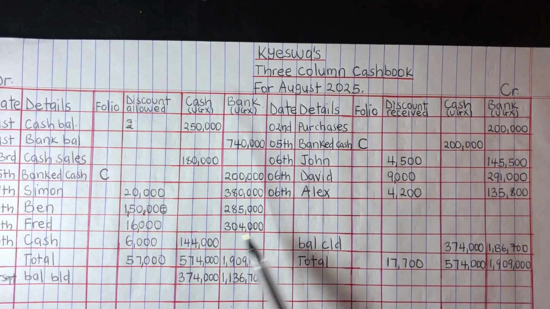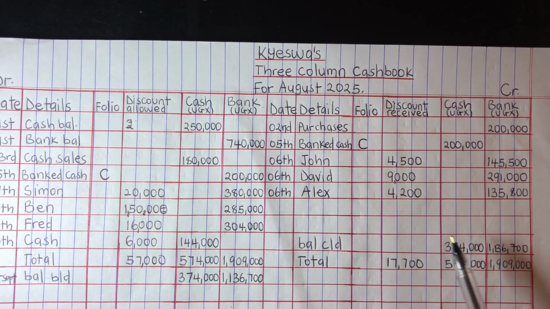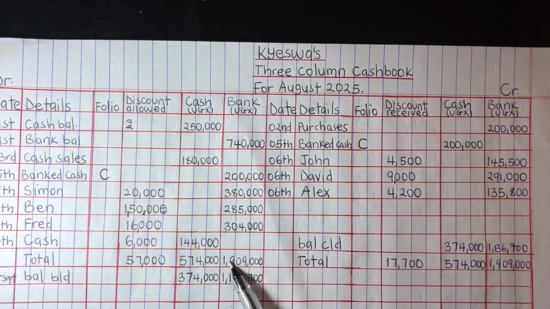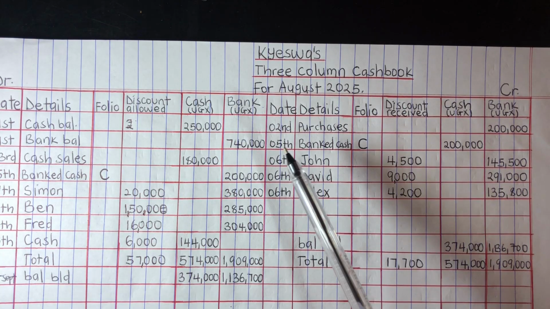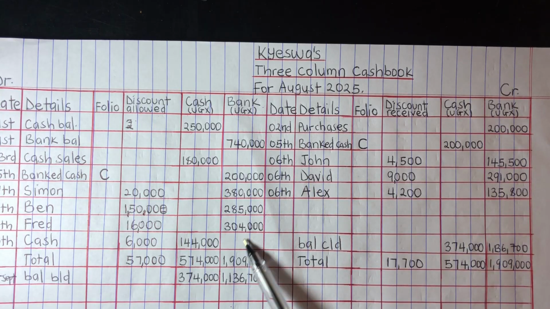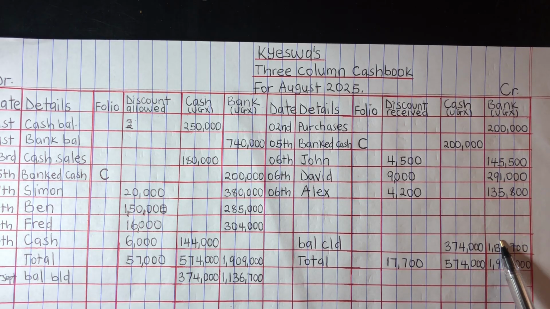So we said that the smaller total is reduced from the bigger total. If you reduce this total from this, you get the difference, which is carried down as balance carried down. So you've added this and this and this and this, and you've gotten the total. Subtract that total from the bigger amount of money, which is 1,990,000, and then carry that difference here as we have done on the credit side.